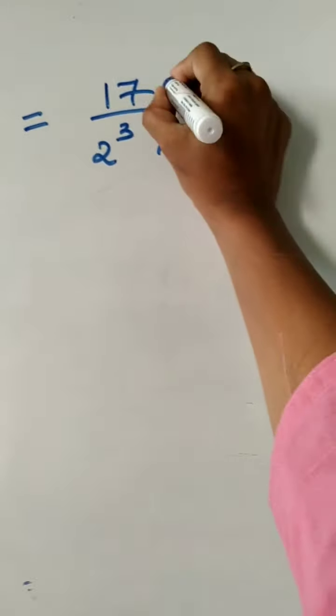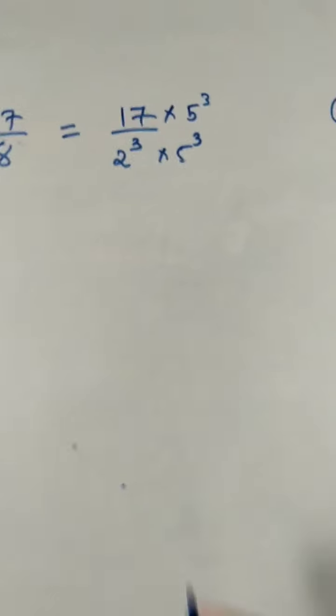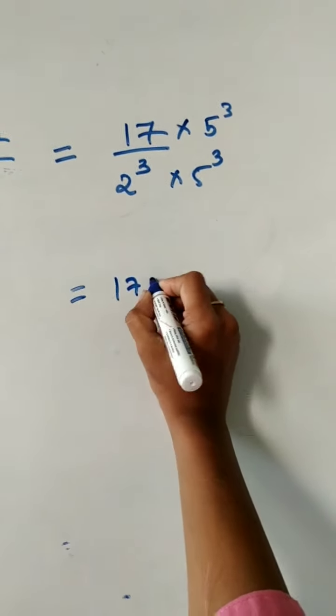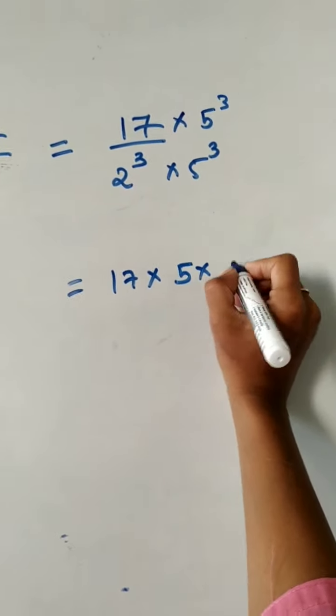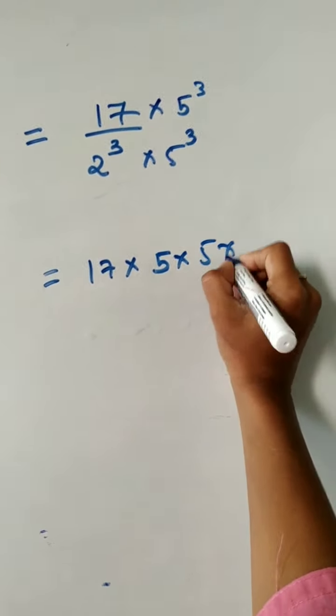But whatever we have multiplied here, we have to multiply in the numerator too. So here it will become 17 into 5 into 5 into 5, and down it will become 5 twos are 10, whole raised to cube. Now if you multiply this, you get 2125 by how many zeros will we write?